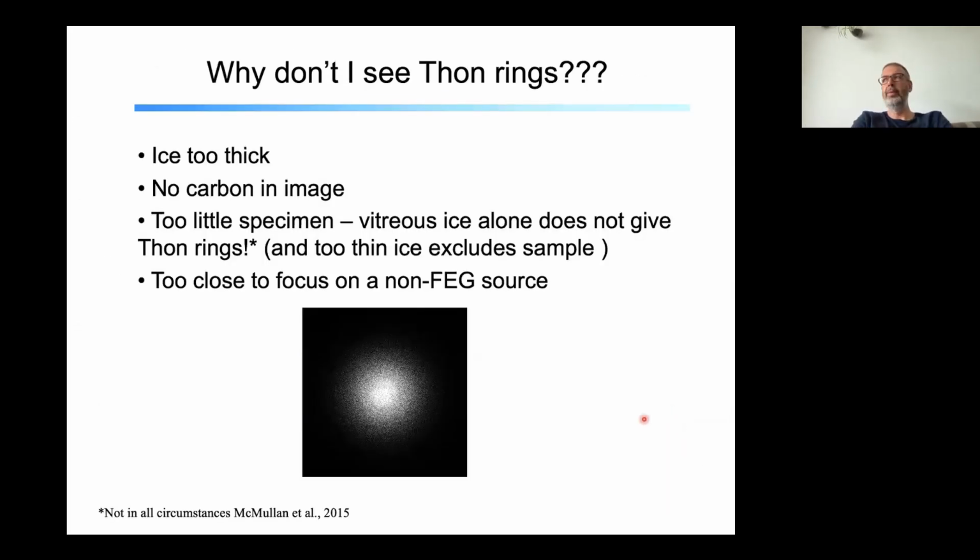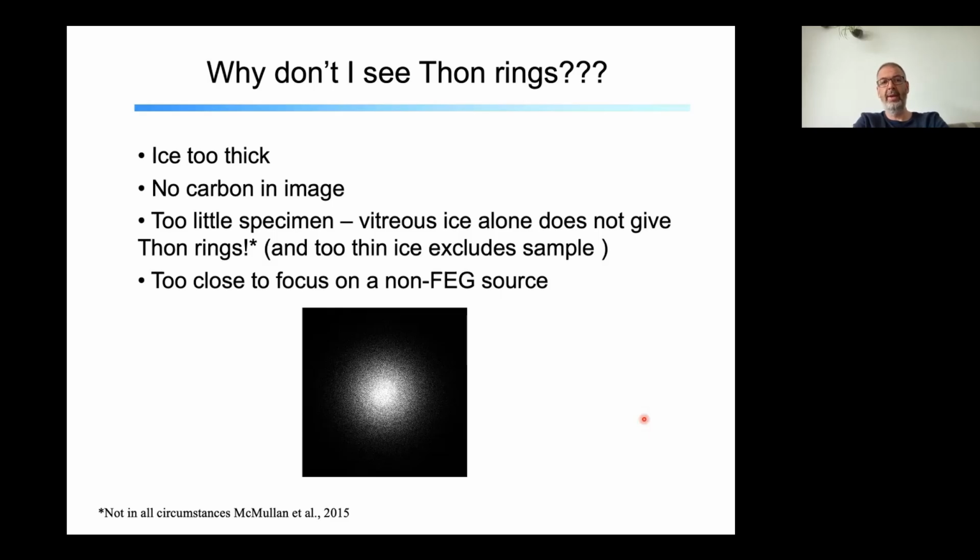So one problem that we do have is that to be able to determine the contrast transfer function, we need to be able to see Thon rings in the Fourier transforms of our image. That can be a problem. Sometimes you don't see this if your ice is too thick, or if you don't have carbon or scattering material in your image.